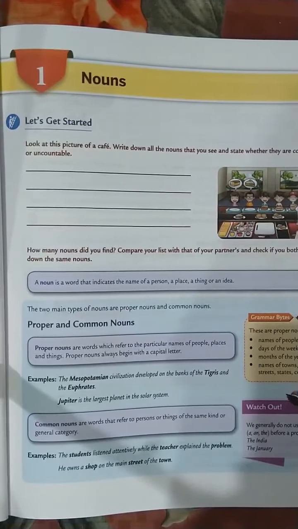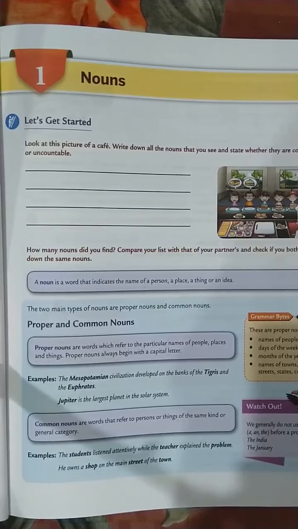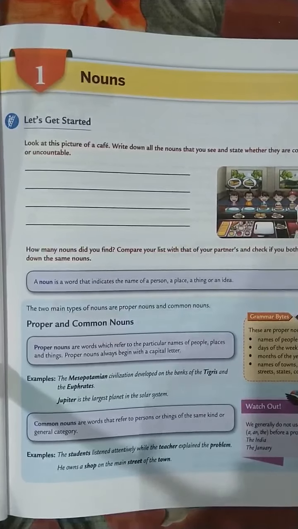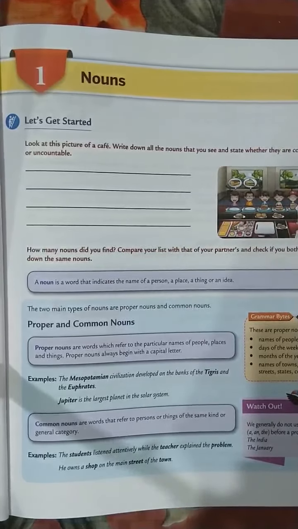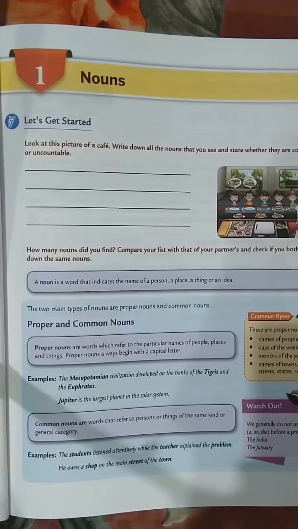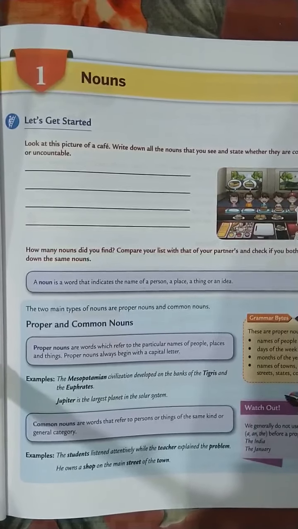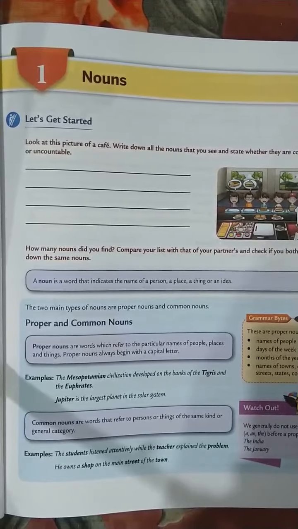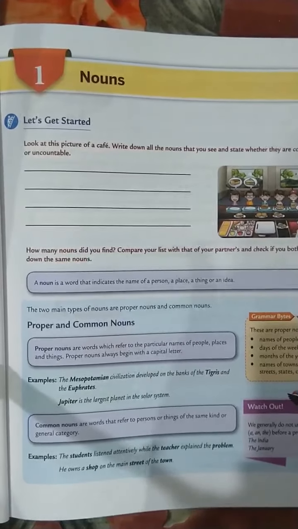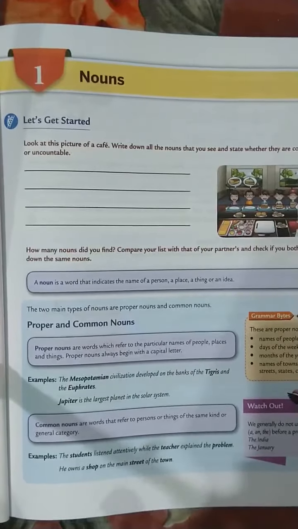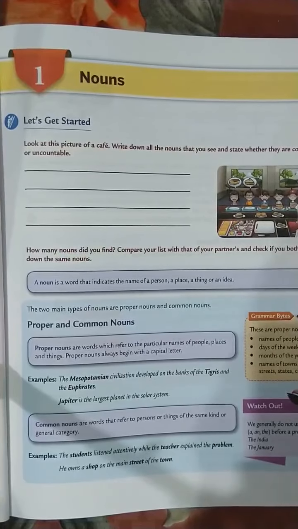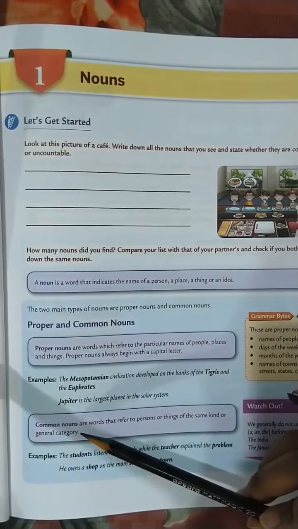See, students, the proper noun can be the name of people, days of the week, months of the year, names of towns, cities, streets, states and countries as well. Now, what are common nouns?